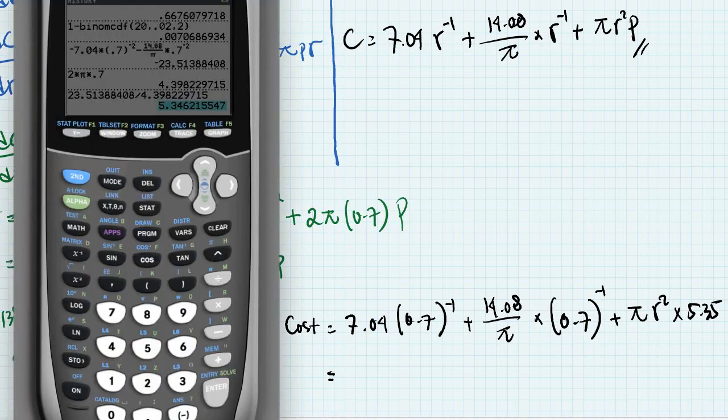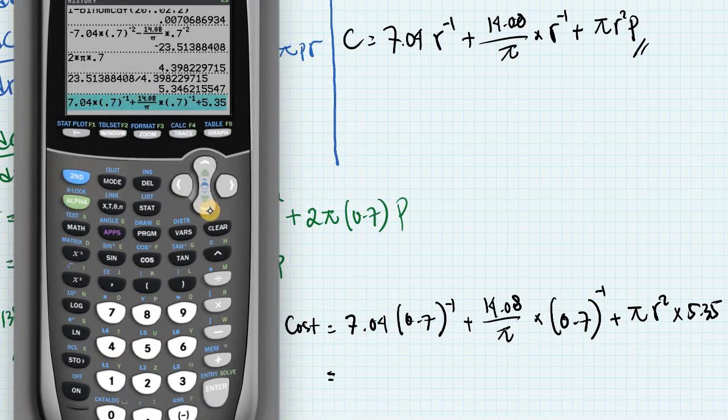Let's see whether we have input it into our calculator. Yes: 7.04 times 0.7 to the power of -1 plus 14.08 divided by pi times 0.7 to the power of -1 plus 5.35.